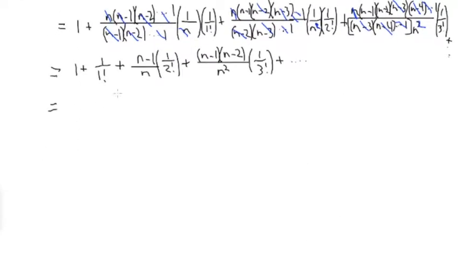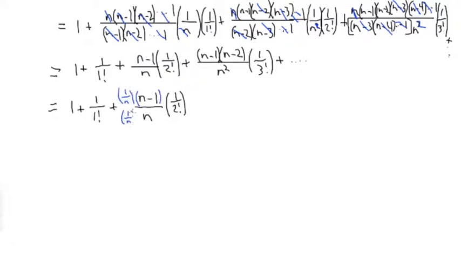But before that, we'll leave these terms here, 1 plus 1 over 1 factorial. I'll just rewrite it here. So n minus 1 over n. Just going to rewrite it a little bit cleaner. We're going to multiply the numerator by 1 over n and the denominator by 1 over n.